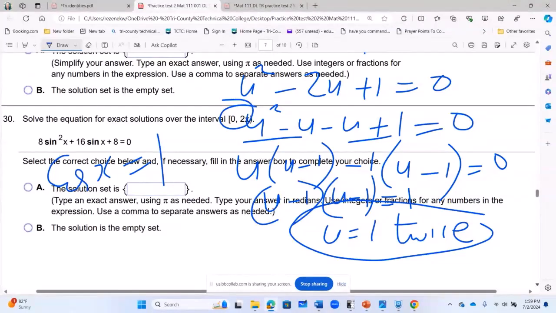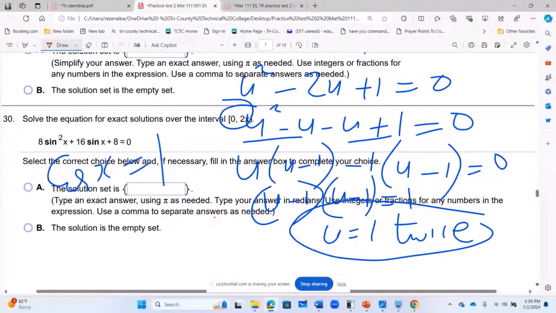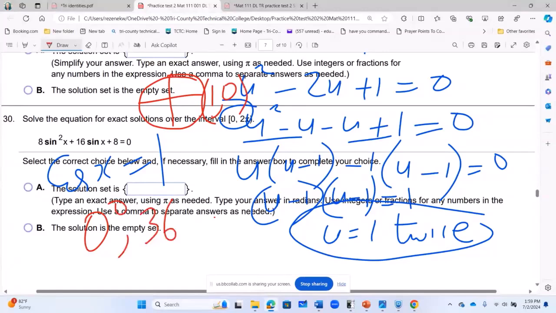So within one revolution, in how many places do I have cosine equal to 1? You don't have to go too far to find it. Let's come over here. We have 1, 0 here. Cosine is the first coordinate. Cosine is 1 here. Therefore, my first answer is 0 degrees, and my second answer is 360 degrees.